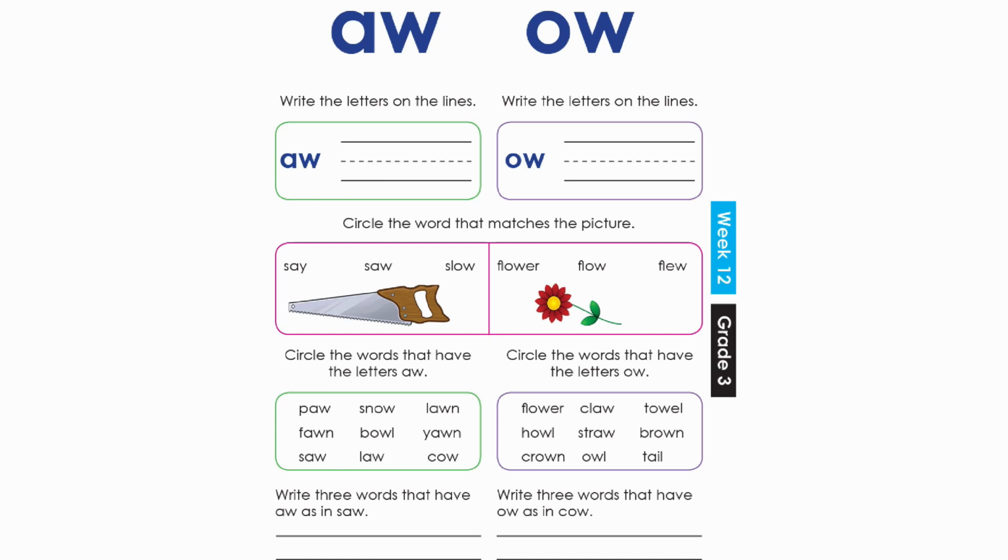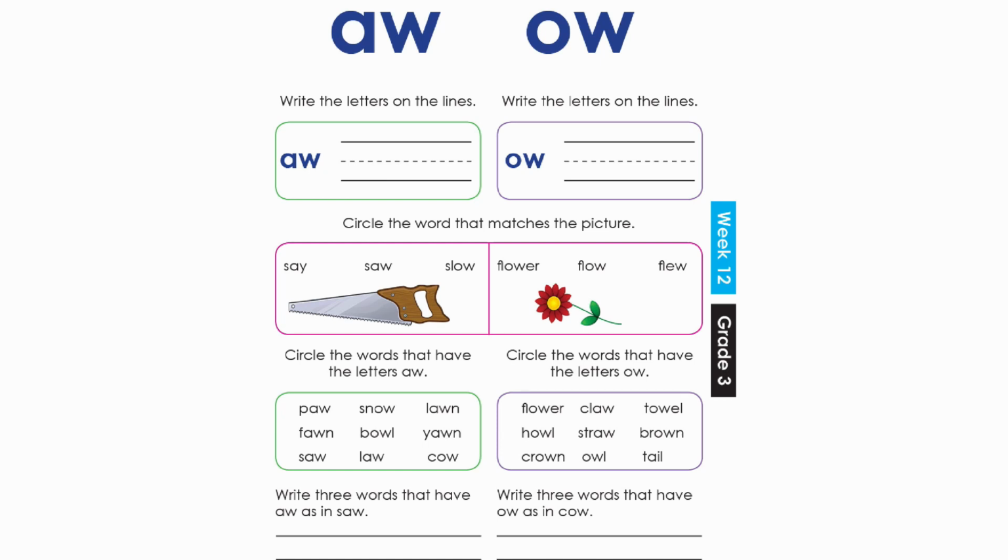Our first one has A and W. A and W together make the sound aw. Very good. So I want you to please write the sound aw in the first box.